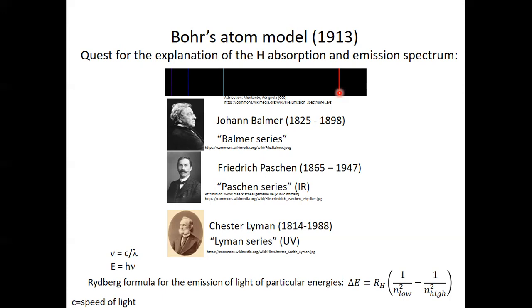So that was an experimental observation, and the series in the visible is named after its discoverer, the Balmer series. Okay, so after that, it was also discovered by Paschen and Lyman that the hydrogen could also absorb in the IR region, but again only discrete frequencies, and also in the UV region, again only discrete frequencies. Okay, that would be called the Paschen series and the Lyman series, respectively.